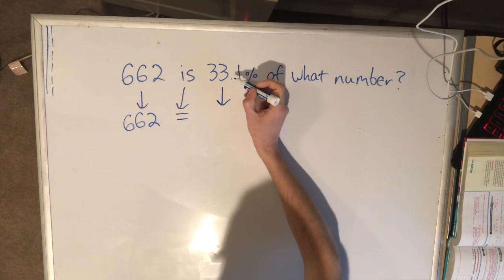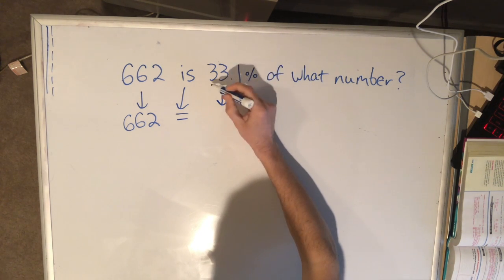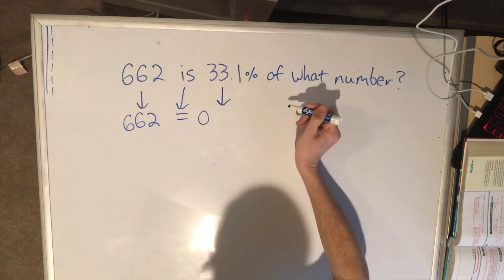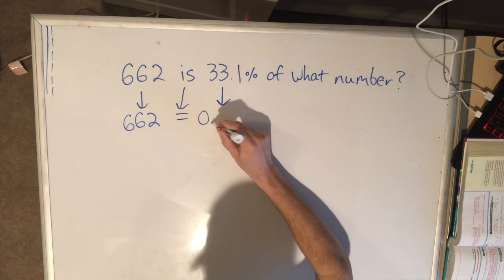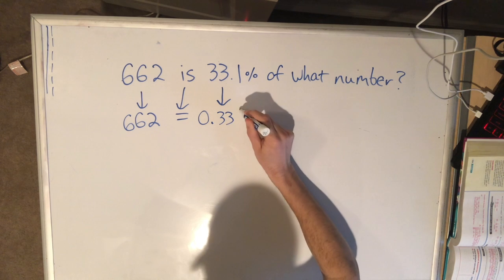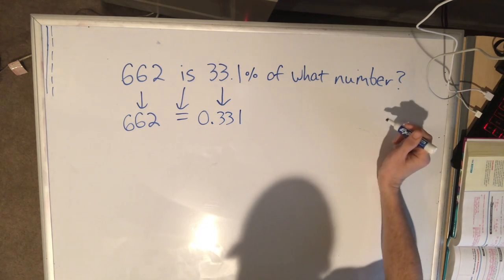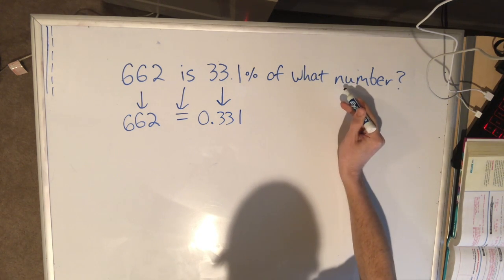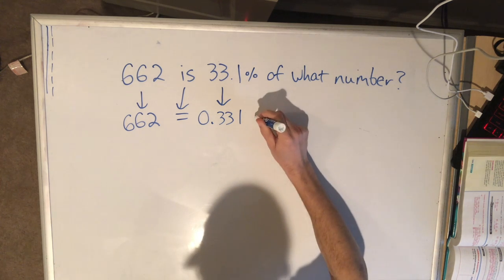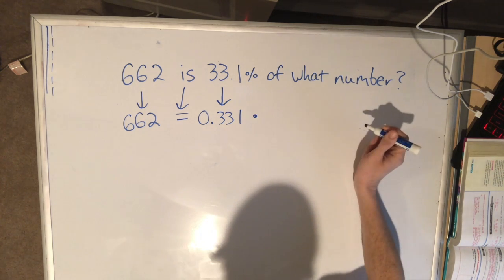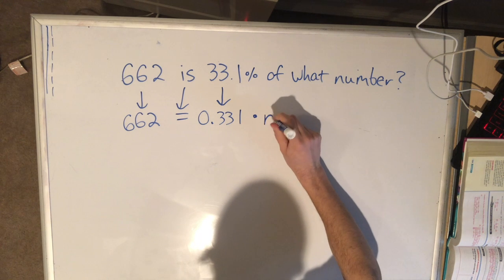To do that, you move the decimal point 2 places to the left. So 33.1% is equal to 0.331. And then of before a number is a multiplication. So of what number is times n, or times any variable you want.